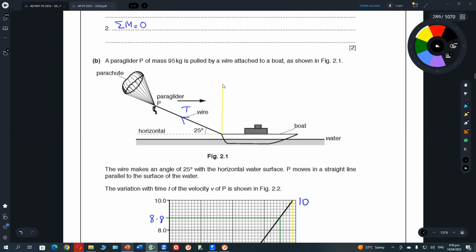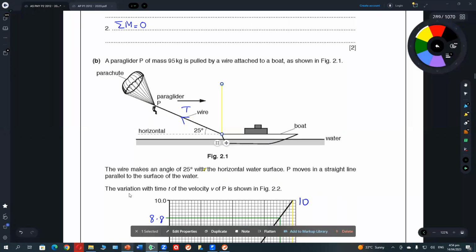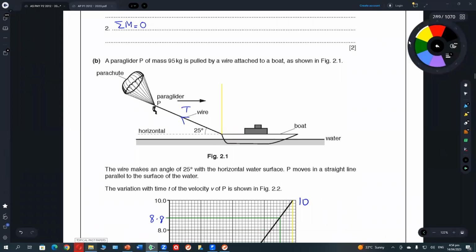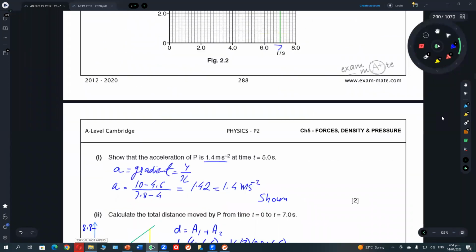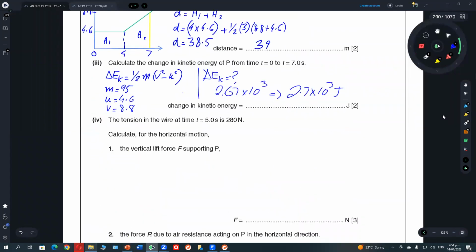So I make an axis here to settle the components. Tension is given as 280 Newton. Calculate the vertical lift force supporting P.